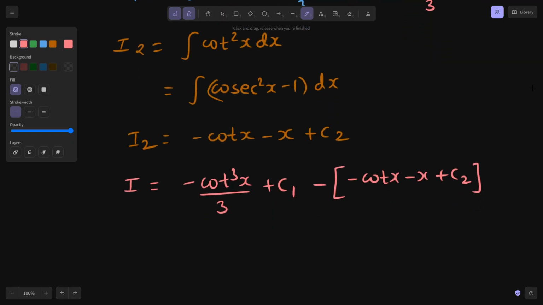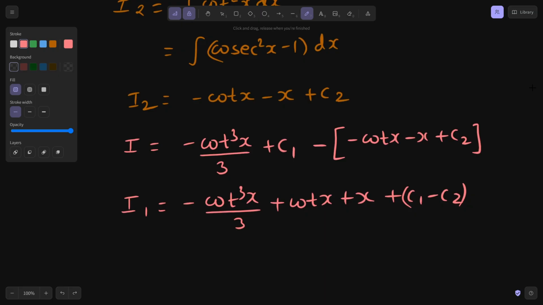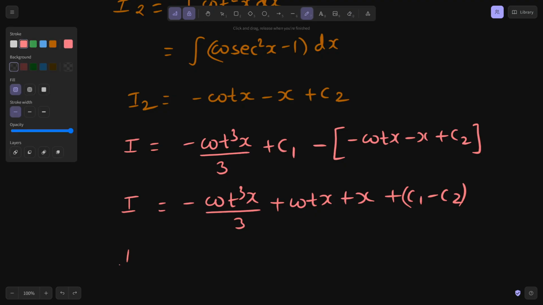If I multiply the minus sign inside, I will get finally minus cot³x by 3 plus cot x plus x, and c1 from here and negative of c2 from there. So c1 minus c2. Now in the next step, because c1 minus c2 is also some constant, I can write that as some other constant, let's say c. So I is negative of cot³x by 3 plus cot x plus x plus c.